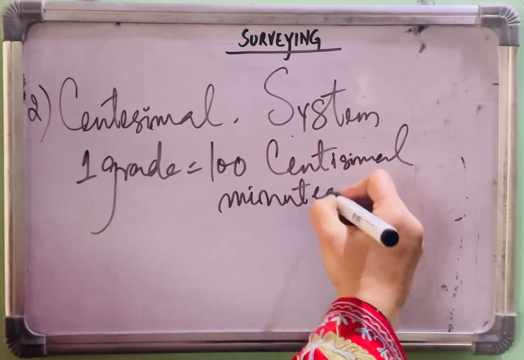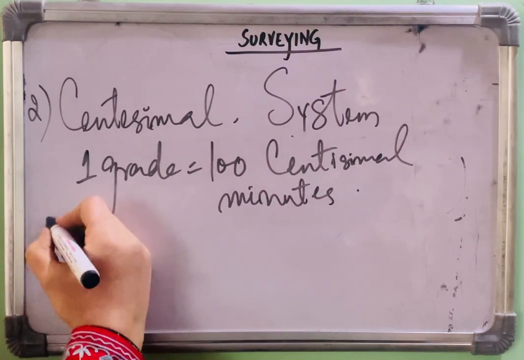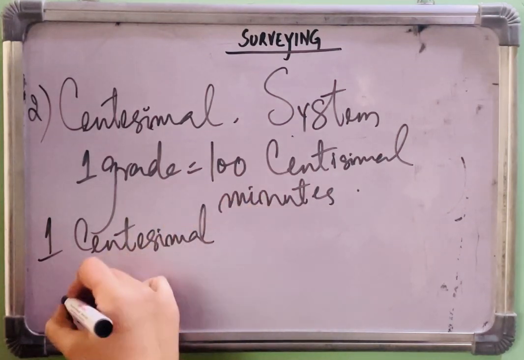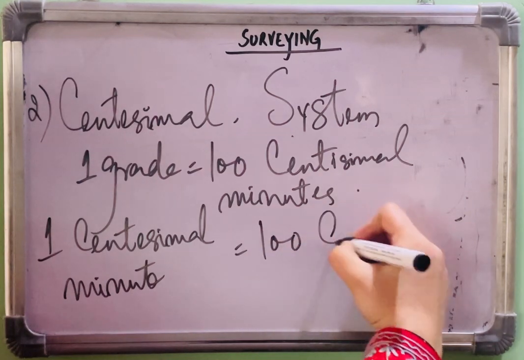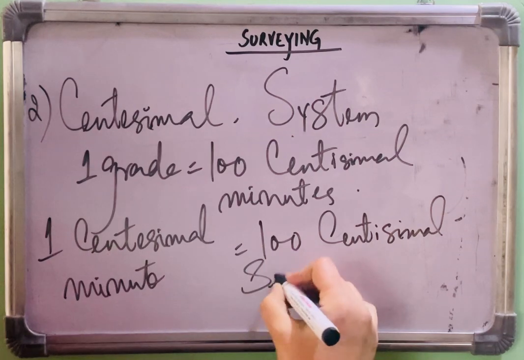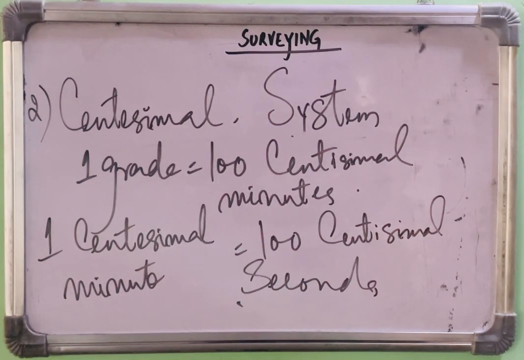And 1 centesimal minute is equal to 100 centesimal seconds. So this was about the centesimal system, which is used in most of the countries of Western Europe.